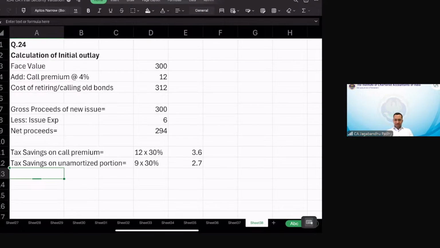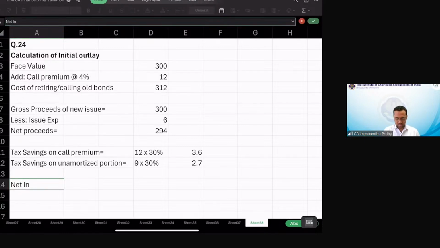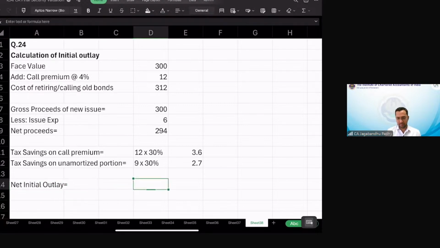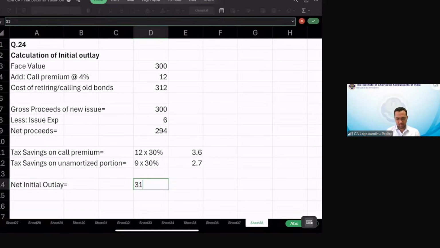So what will be the net outlay? Net initial outlay will be 312. This will be the cost. You will be receiving 294. Also, you will be saving 3.6 and 2.7.